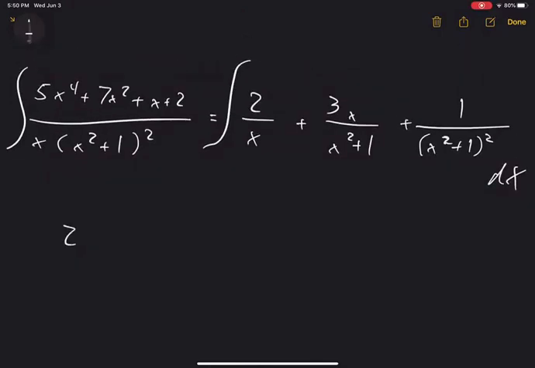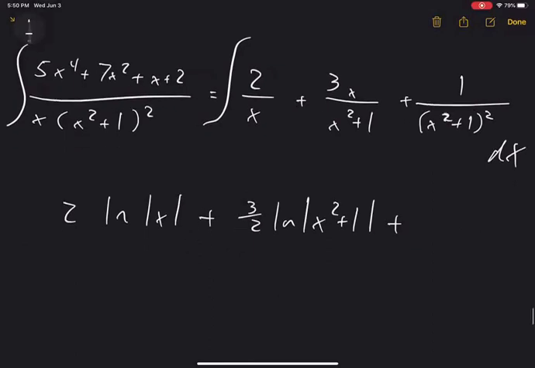And those integrals are 2 ln of x plus, let's see, 3 over 2 ln x squared plus 1 plus, what is this integral? This actually looks like a trig substitution integral.